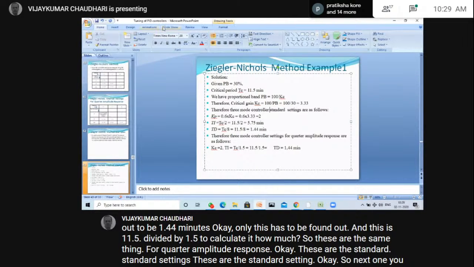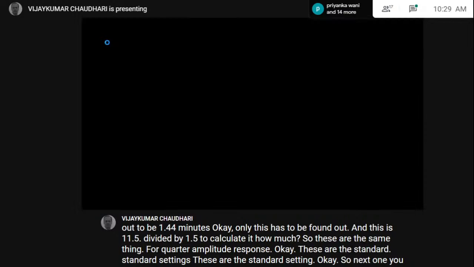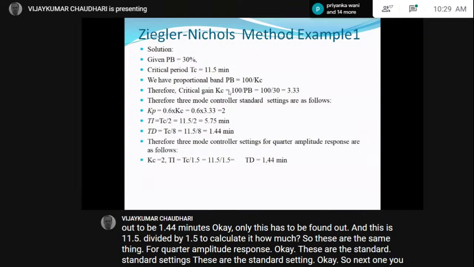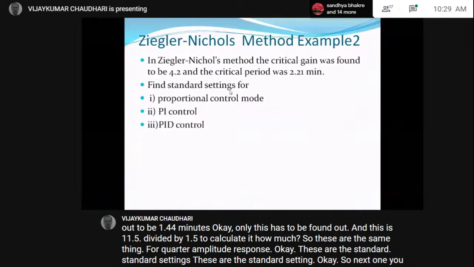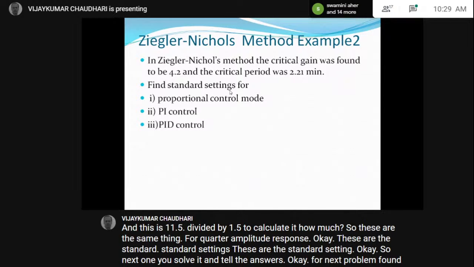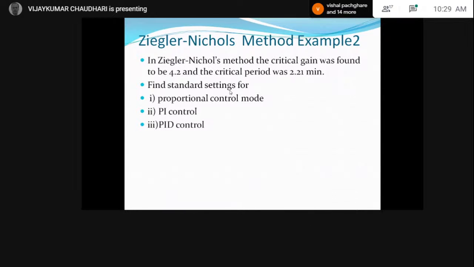For the next problem, you solve this, and here only standard settings are asked. Do it and tell me the answer.